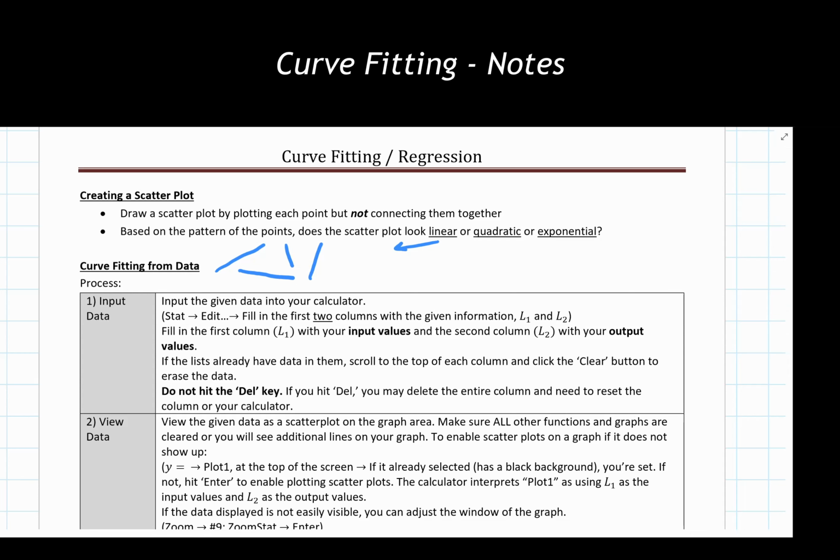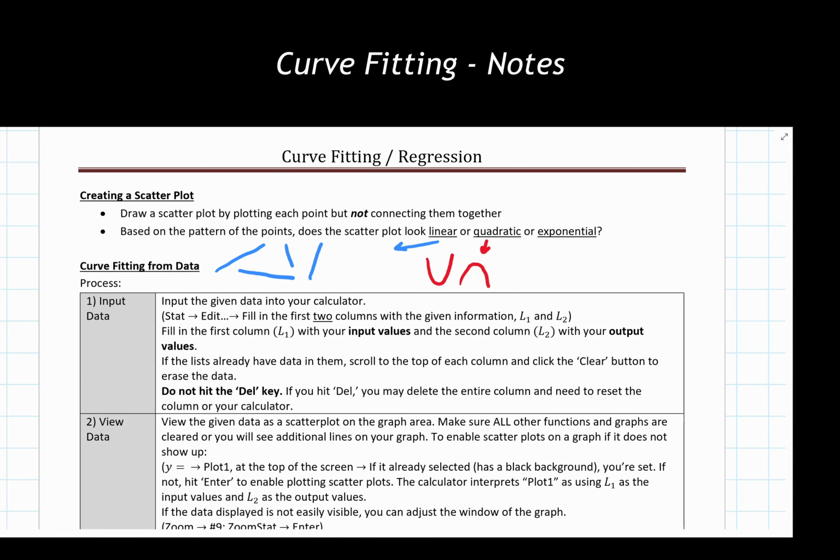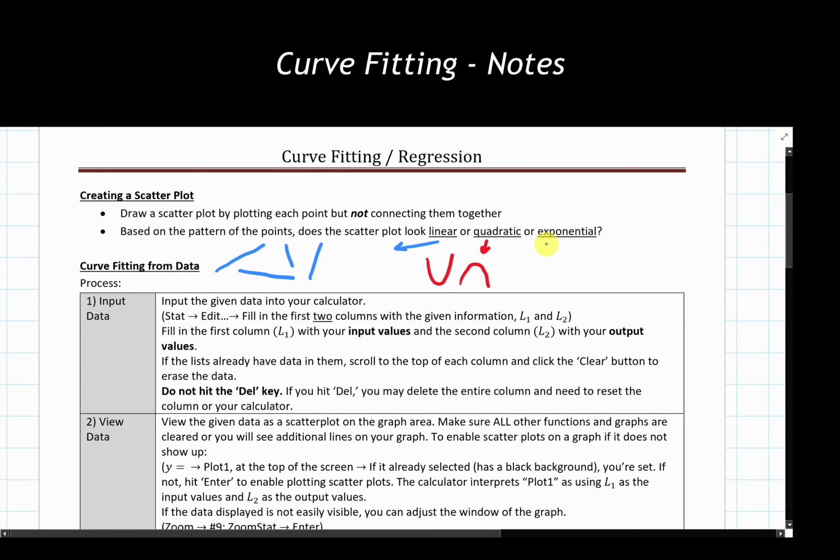The quadratic style of information is one that we see generally in our later algebra classes, but this is one that looks parabolic in nature. It's the U, or the upside down U graph. And again, there's some variation that you'll see with these, but these are just broad stroke generalities of what these data models look like. And exponential graphs generally tend to be very flat and then grow very, very quickly, eventually at some point in the set of data that we've been given.